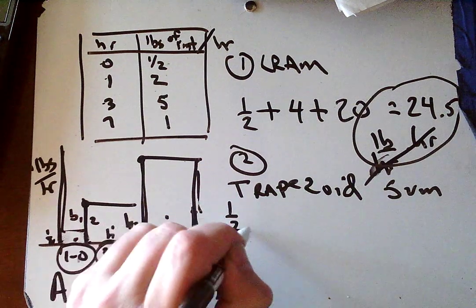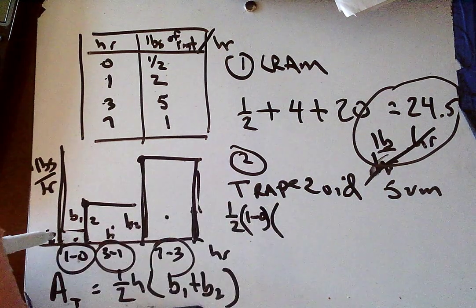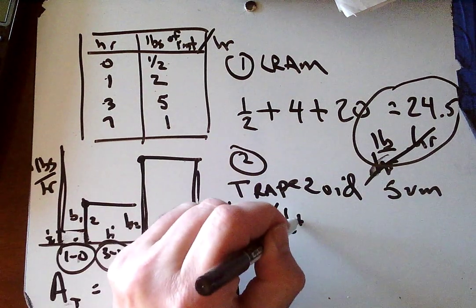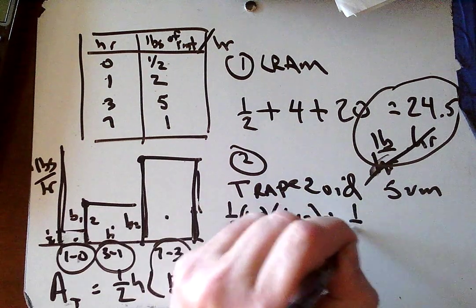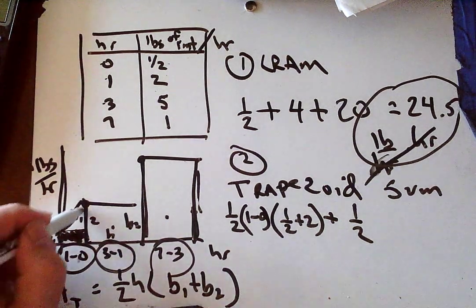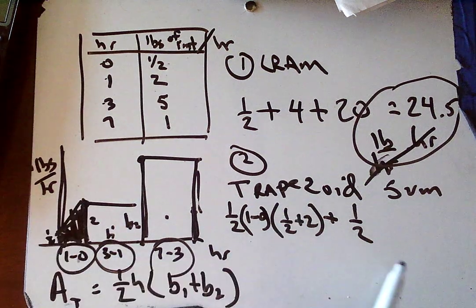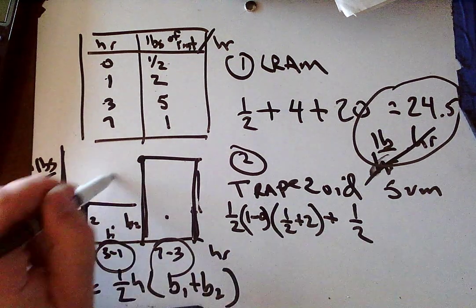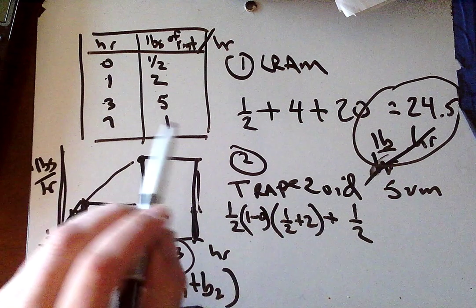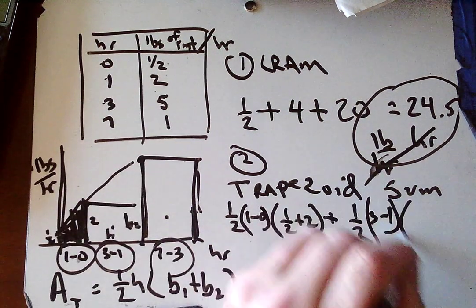So I've got 1/2, 1 minus 0 times 1/2 plus 2, that's this trapezoid here. And maybe you'd be happier if I drew it as a trapezoid. Here's our trapezoid. Okay, and then the second one, this one here, is going to also be 1/2. Our subinterval width is 3 minus 1.